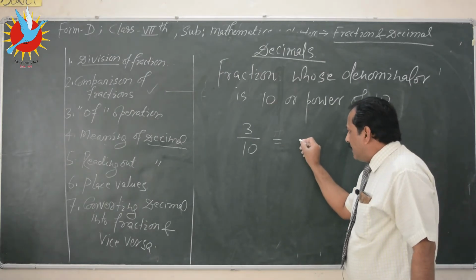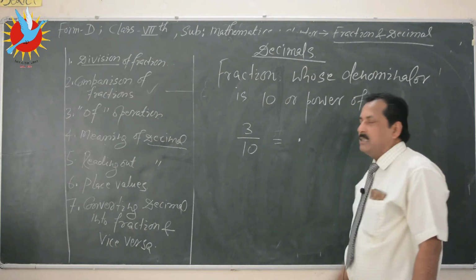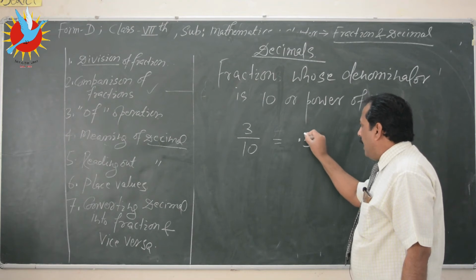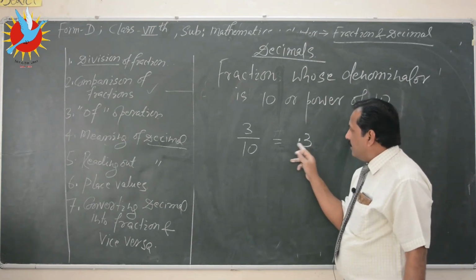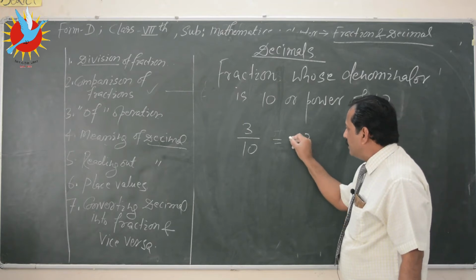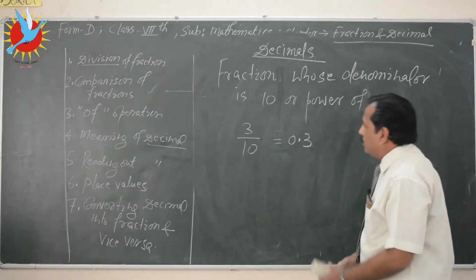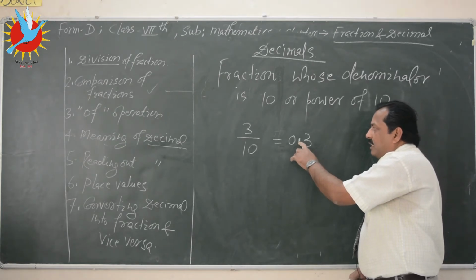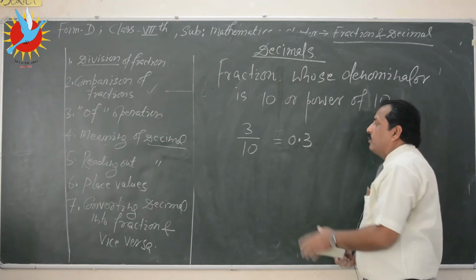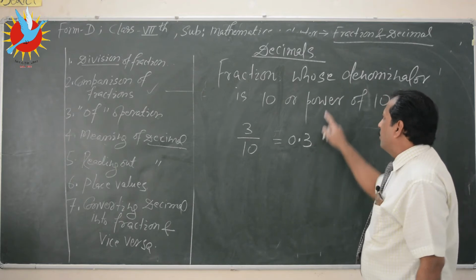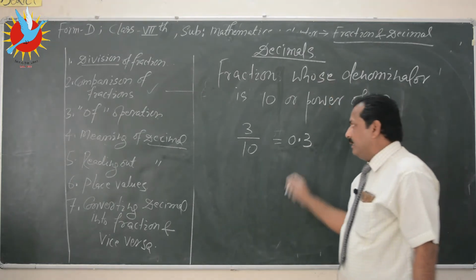This point is known as decimal point, and this is decimal 3. And just to indicate that the number begins with a decimal, this 0 is placed. So this 0 is just to draw your attention, but you have to be careful that yes, decimal point is there, and this is how to read it. This is 0.3. So for decimal we pronounce point.